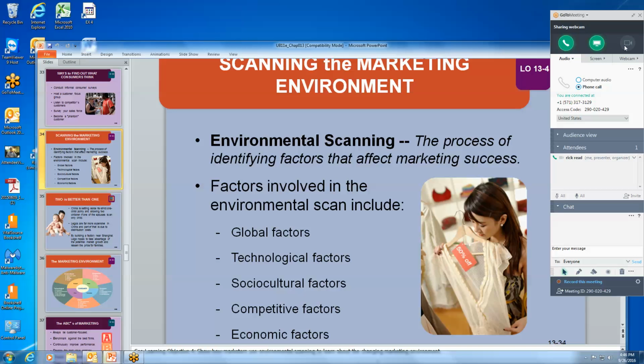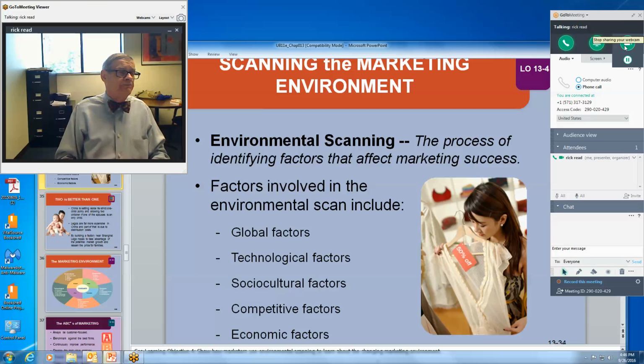In continuing with the research, this is what this particular slide talks about: scanning the marketing environment. So you're looking for different factors here that impact on the marketing.